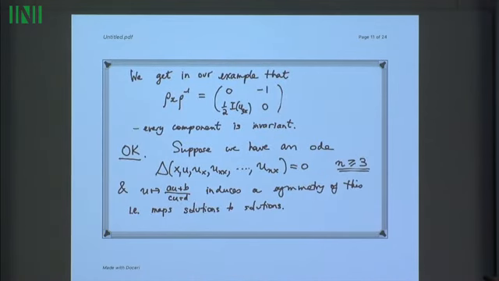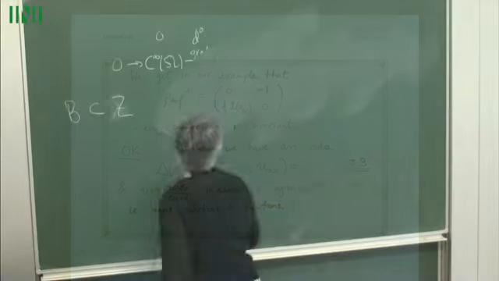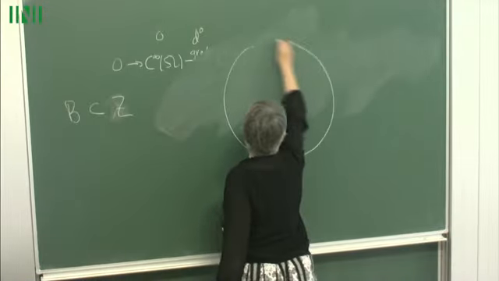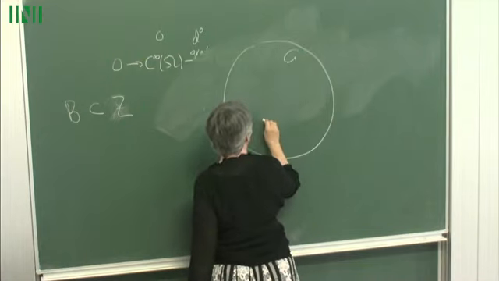So let's look at what we have. This is in the Lie algebra. Let's draw a little doodle. So I'm in my group.